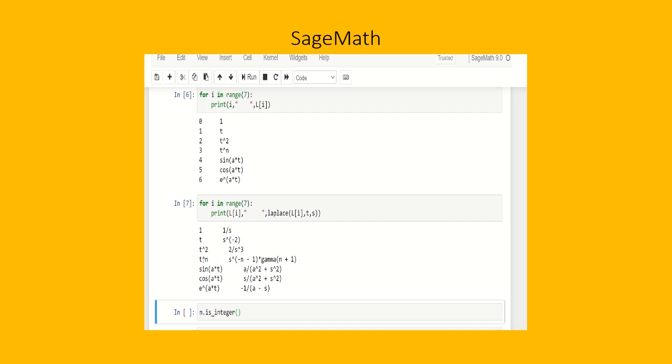The Laplace transform of t to the n is s raised to the minus n minus 1 power times gamma of n plus 1. And I will mention that gamma of n plus 1 is the same as n factorial.